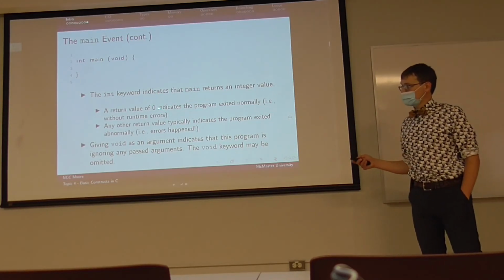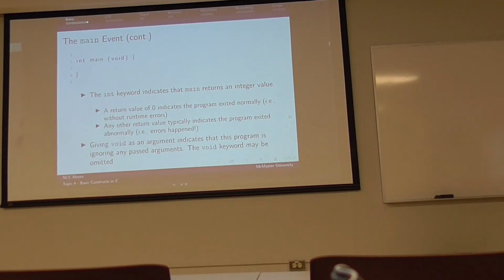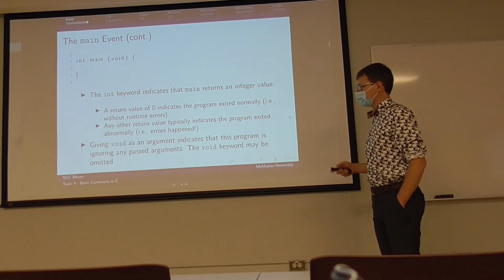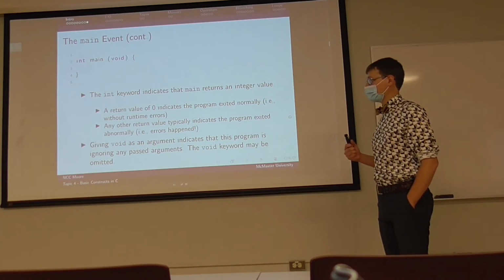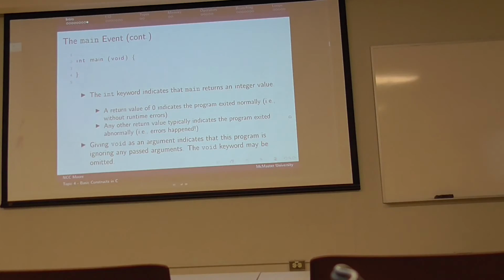So a return value of 0 from any program, at least in a Unix-like environment, indicates I executed normally. Any other return value typically indicates the program exited abnormally, especially if the return value is negative.